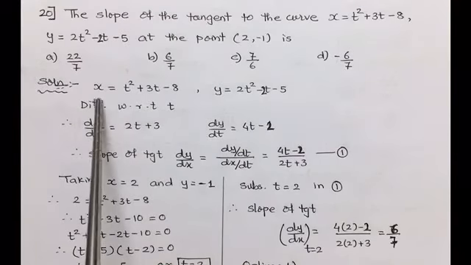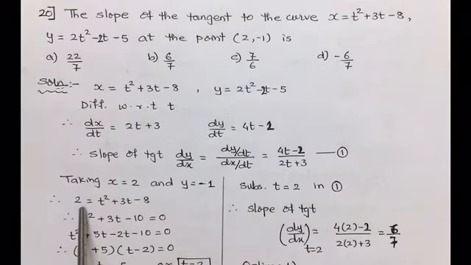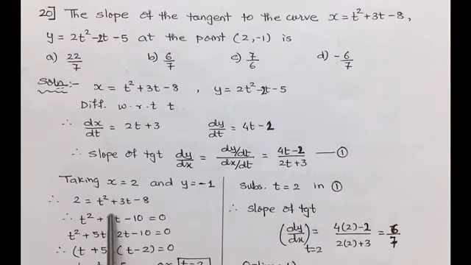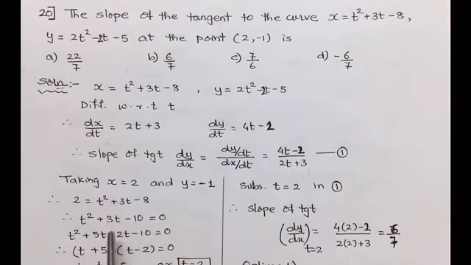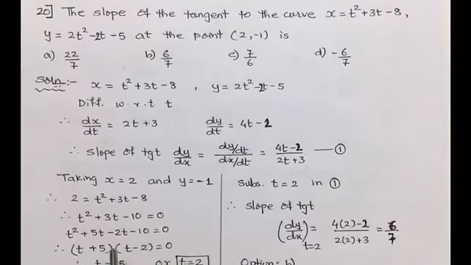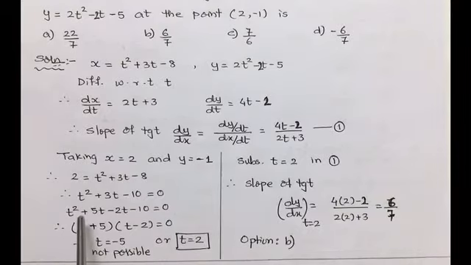So in the equation of x, we'll keep the value of x as 2 equal to t square plus 3t minus 8. Taking to the other side, we get a quadratic equation t square plus 3t minus 10 equal to 0.